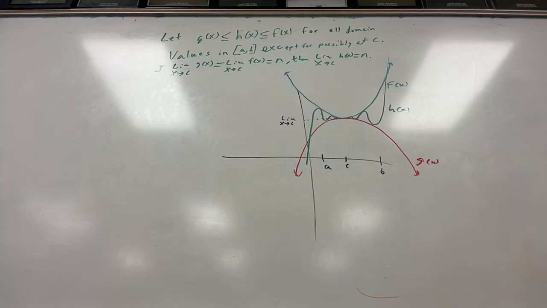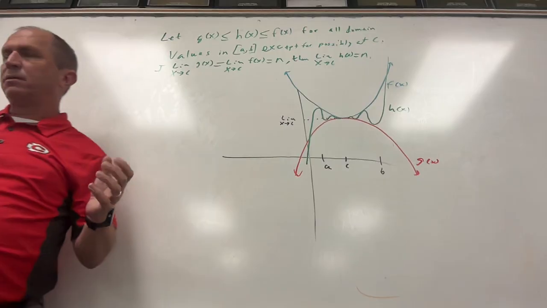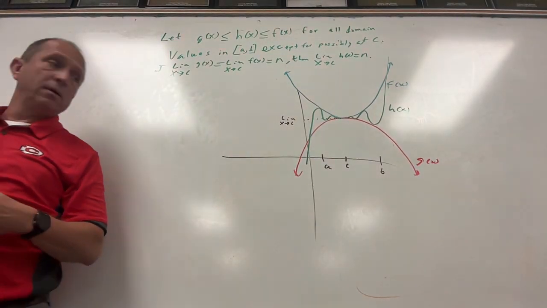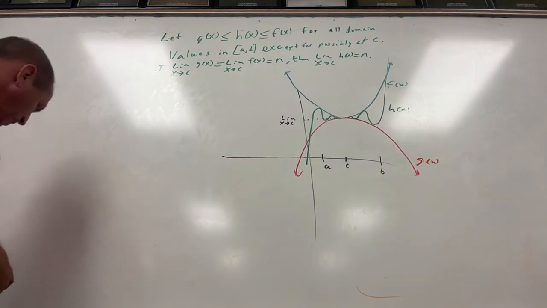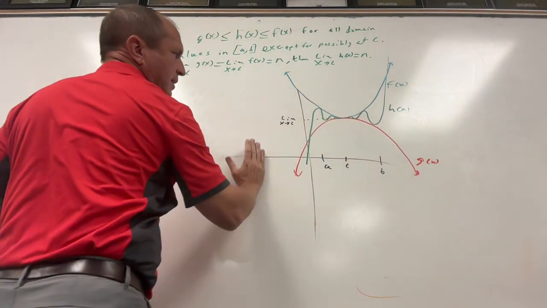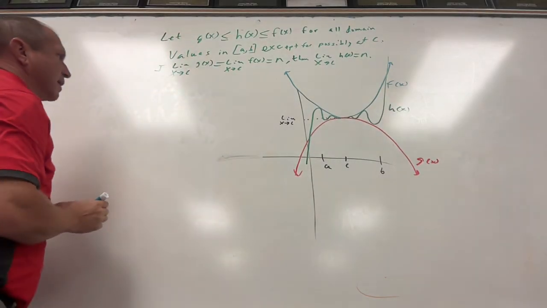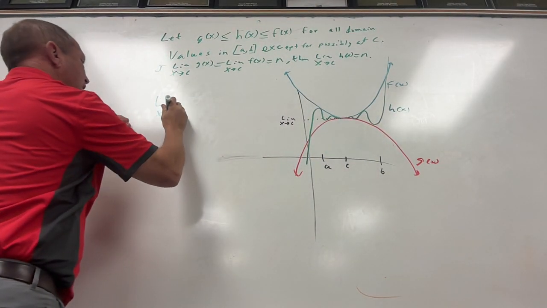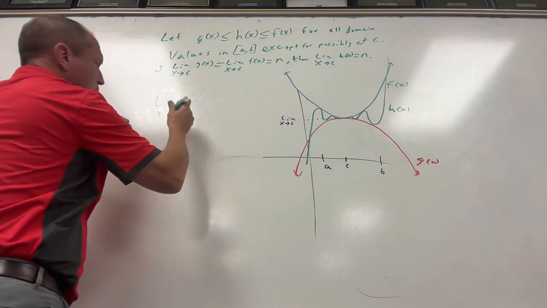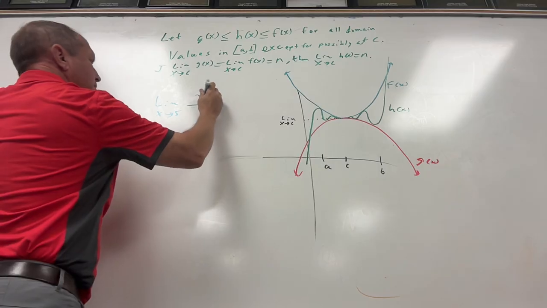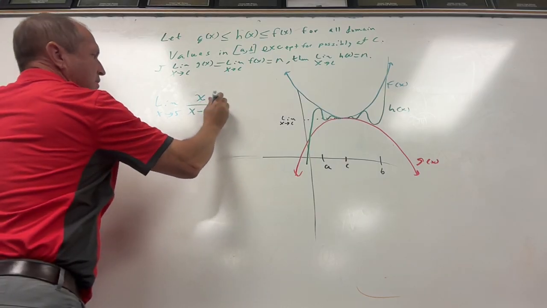Now, let's back up. I know last time we were in class, it was kind of hurried. But we did look at these problems, so let's look at a problem. We're going to put this aside for just a second, and let's say that we need to know the limit as x approaches 5 of x over x minus 5.